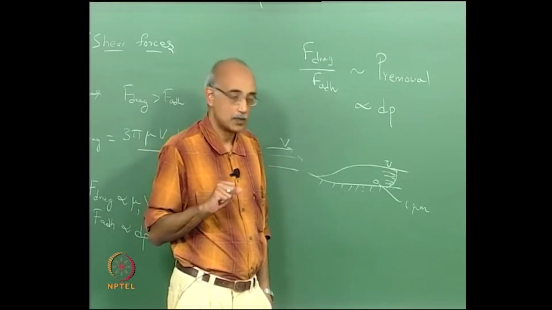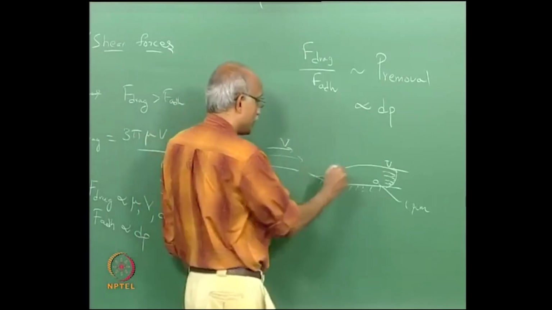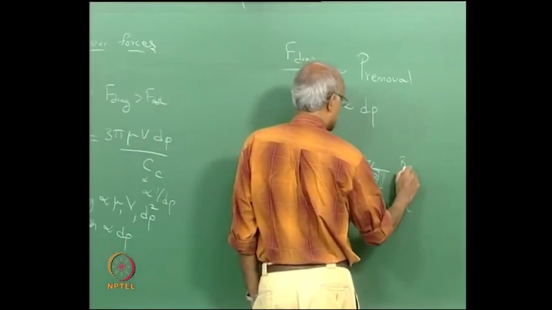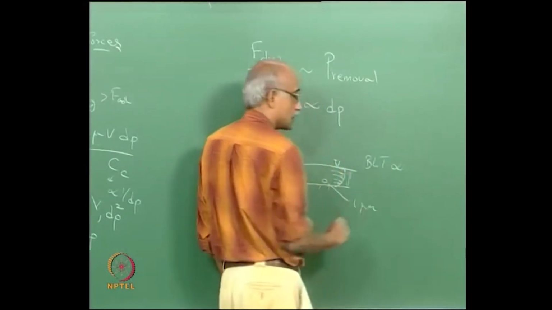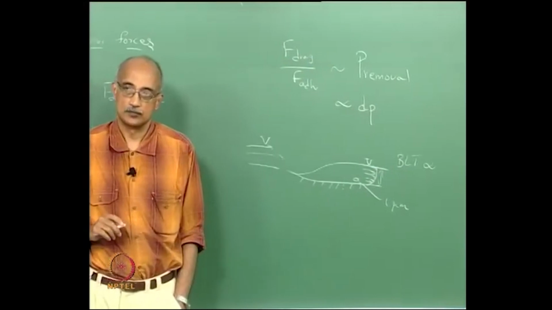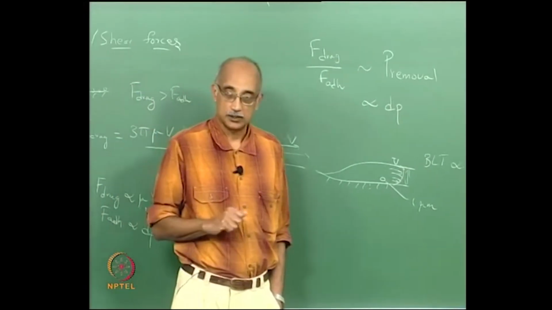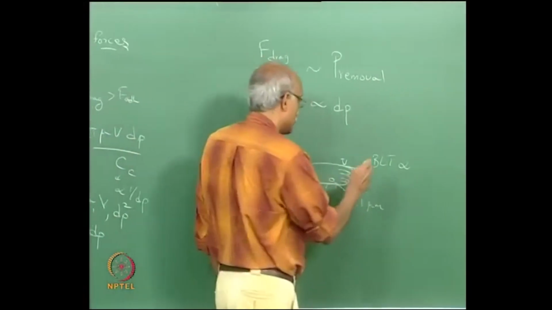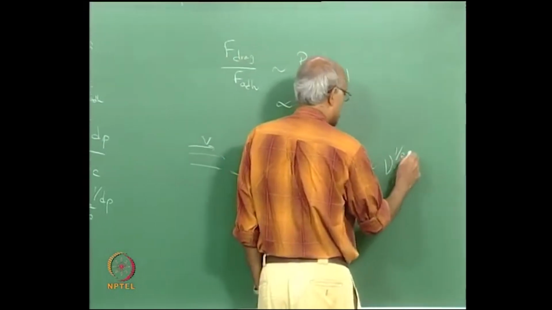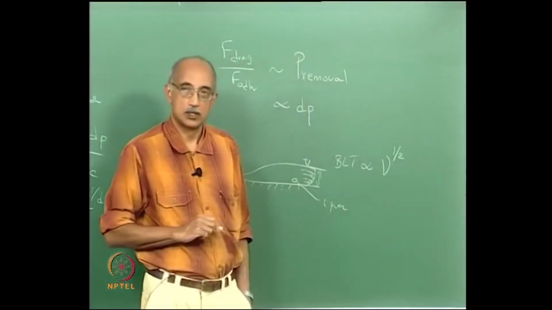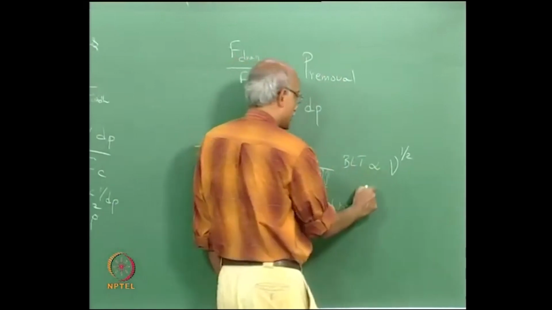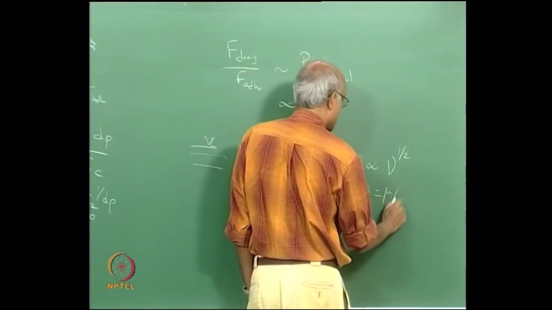Liquid. The reason is the boundary layer thickness is proportional to the kinematic viscosity nu to the power half roughly. Now what is the definition of this kinematic viscosity? Mu by rho.